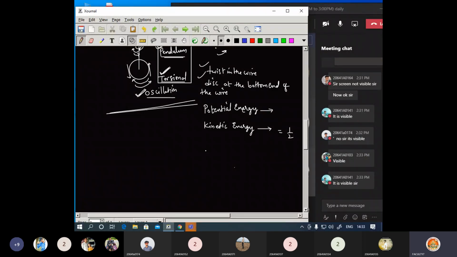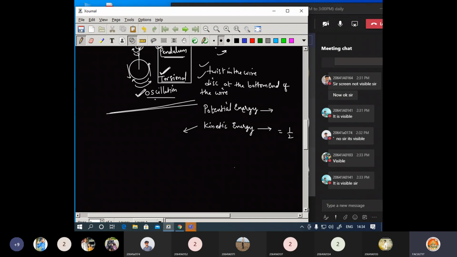So now let us see a few new equations here. I am just changing these equations. Now I will take the concept of kinetic energy and potential energy. Here the kinetic energy, I am going to give the equation in the form of moment of inertia, which is related to the disk.